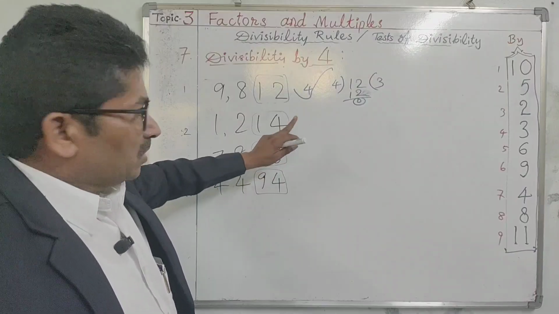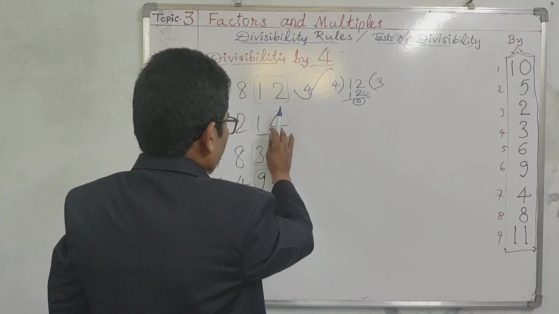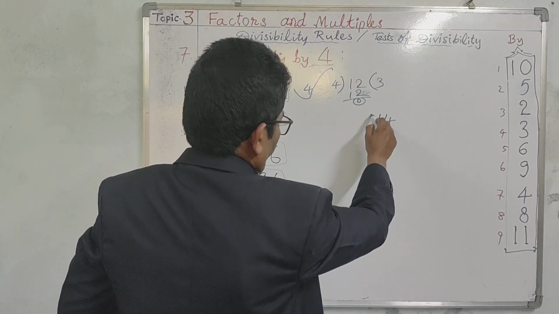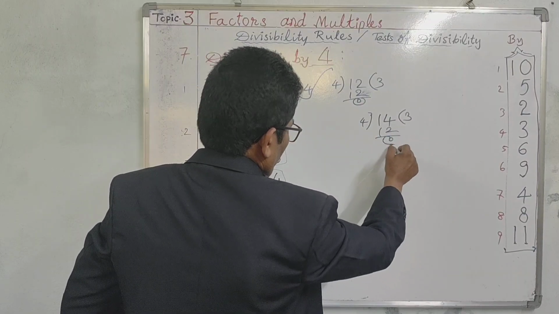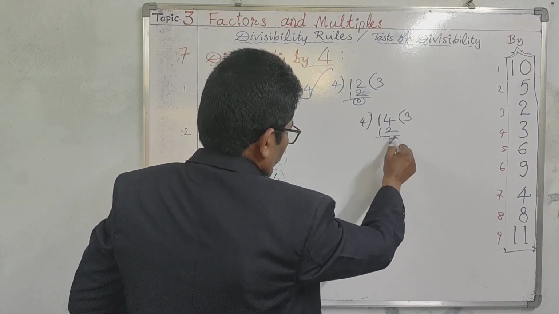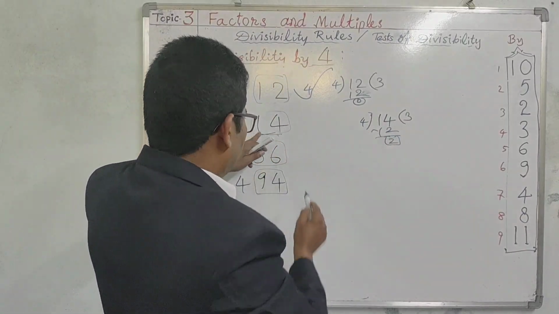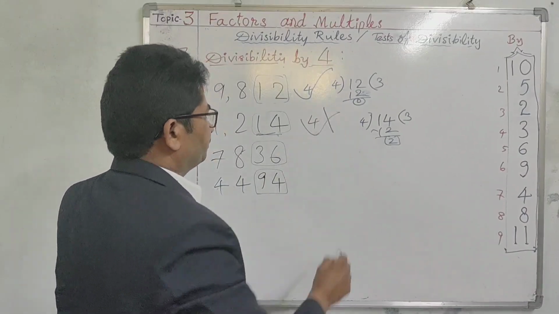To answer, we have to check the last two digits, 14. 4 threes are 12. So 2 is the remainder, not exactly divided. So that's why 1214 is not exactly divisible by 4.